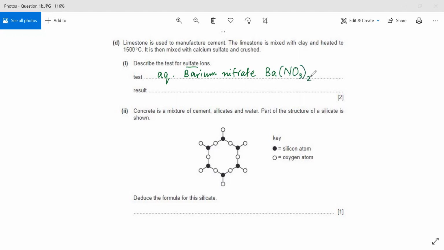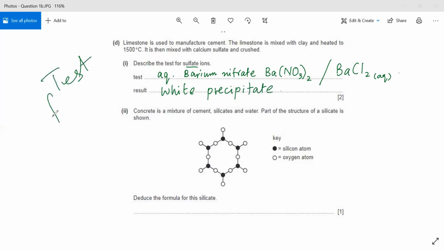You may also use aqueous barium chloride. Make sure it is aqueous, a solution. What will be the result? It is going to give you a white precipitate. This is the test for sulfate, SO4 2-, which is our anion.